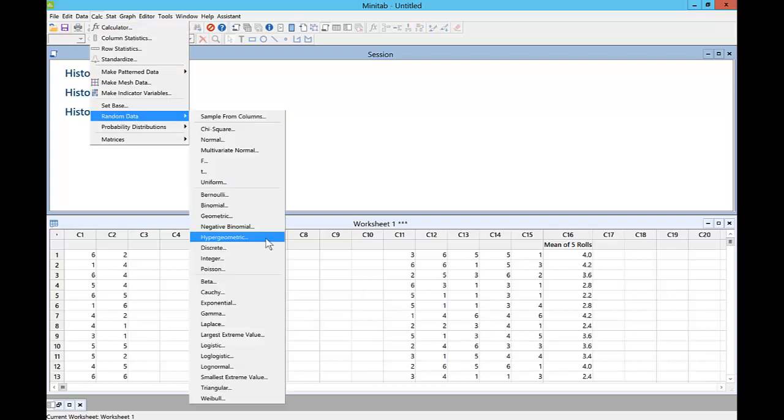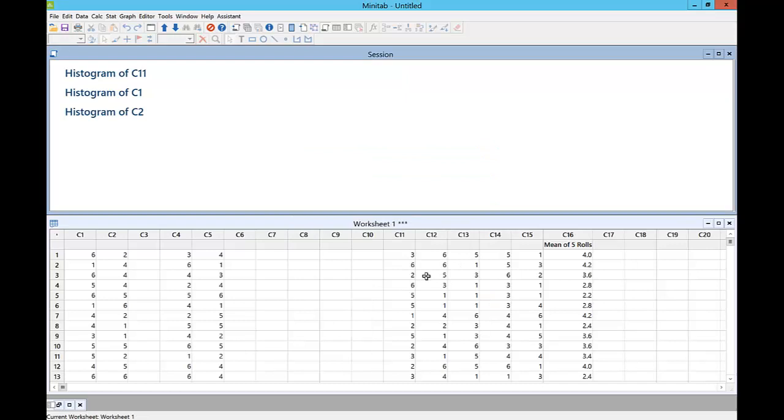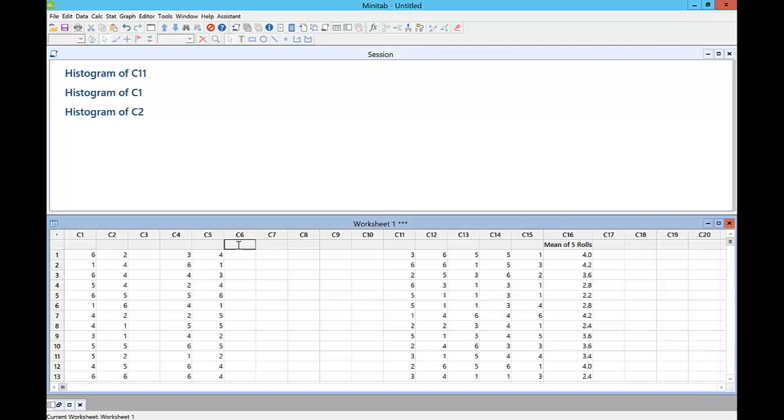There we go, Random Data, Integer, and we're going to do this now in columns C4 and C5, and we're going to do it 6,000 times, and you can see these two columns. But what we're really interested in here is not the histogram of each of these, but we want to look at the mean. So we'll say mean of 2 rolls.